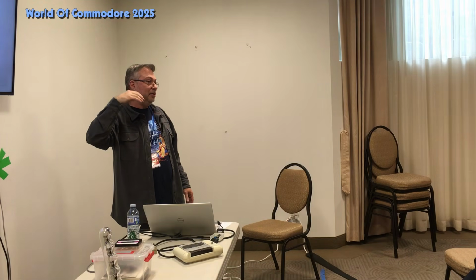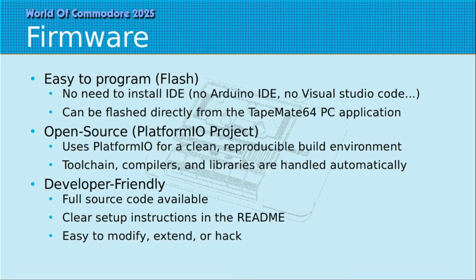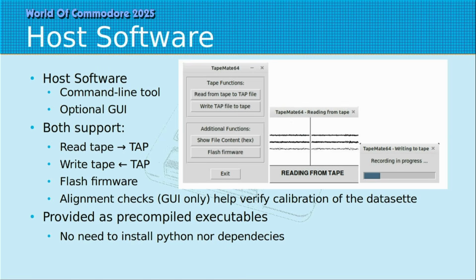In the README, I provide the instructions to install Visual Studio Code and PlatformIO, and it takes care of everything. You just have to click build and upload if you want. So it allows you to easily modify the firmware if you want to try some things. Fixing bugs, that's a possibility. I try to do my best for testing, but it's a possibility. It's open source. So that's for the firmware.